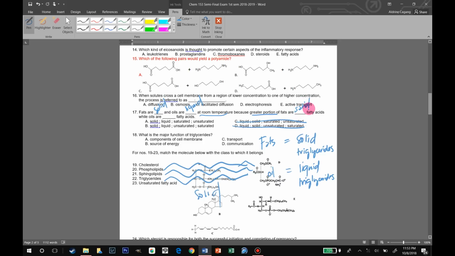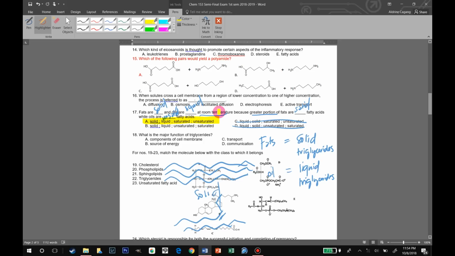So saturated. And then oils, because of the introduction of cis double bonds that are going to be kinky in nature, they cannot order themselves properly. So they're not going to result in a more solid. They have a more fluid structure. So oils have, most of them are unsaturated in composition. So the correct answer should be here. The first one is saturated and then unsaturated. So letter A should be the correct answer here.